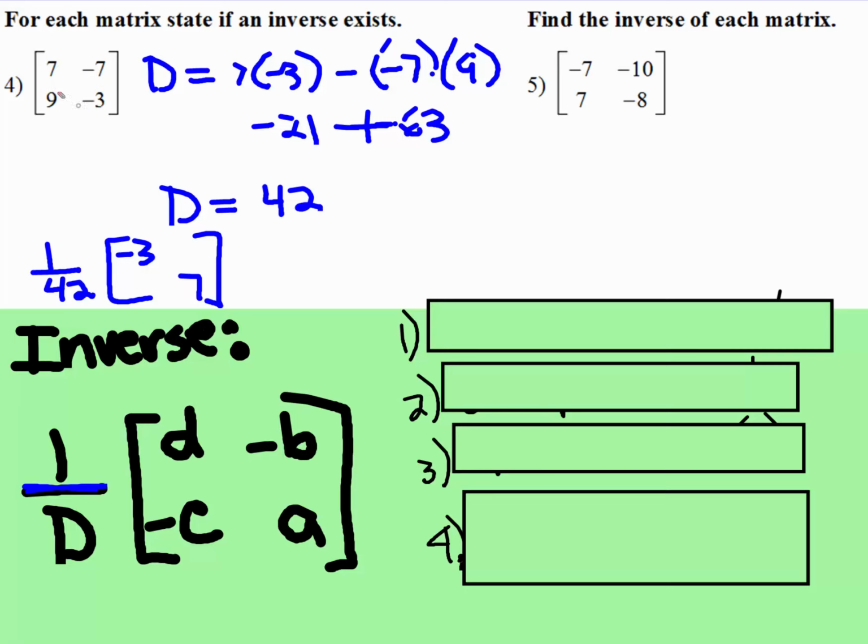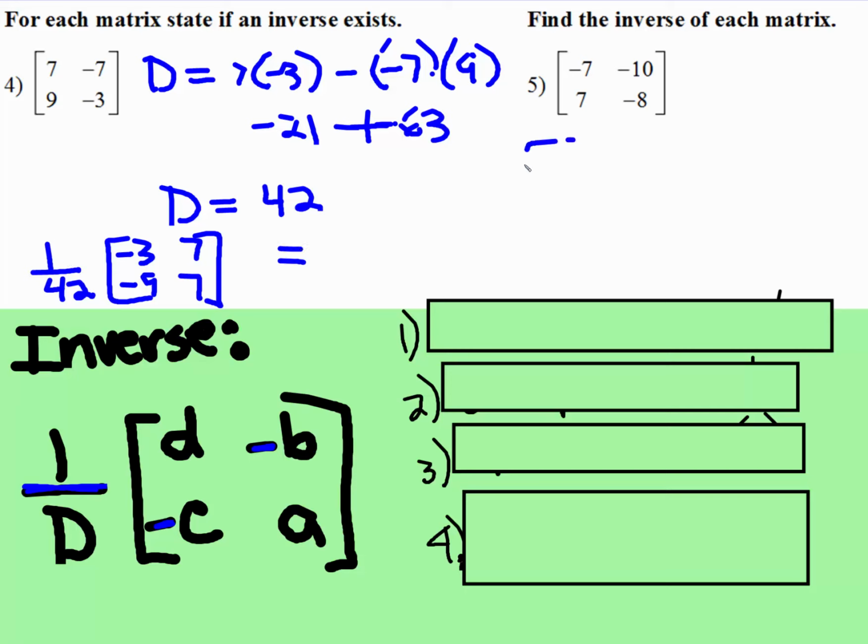And then, look at what this says. You're going to do the opposite to B and the opposite to C. So B is -7, so it becomes +7. 9 is +9, so it becomes -9. Boom, just like that. The very final last step, we're going to multiply 1 over 42 by each piece.